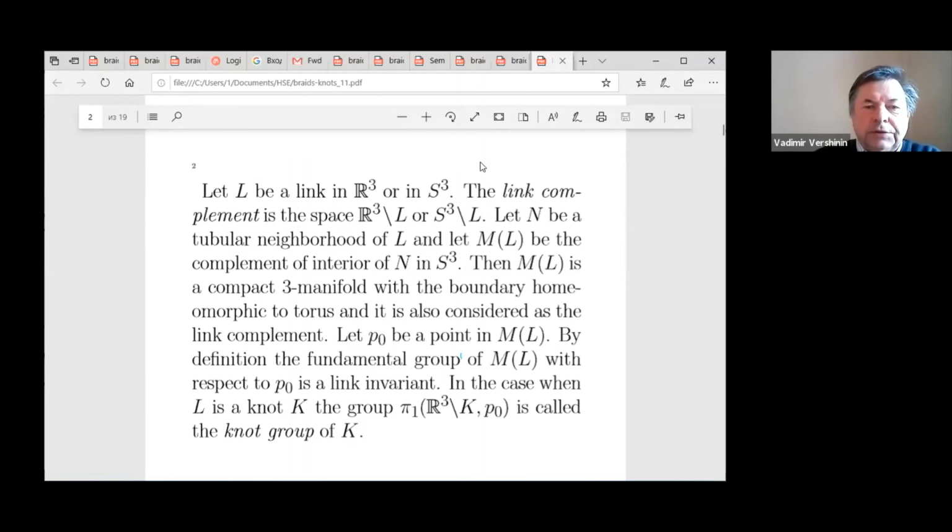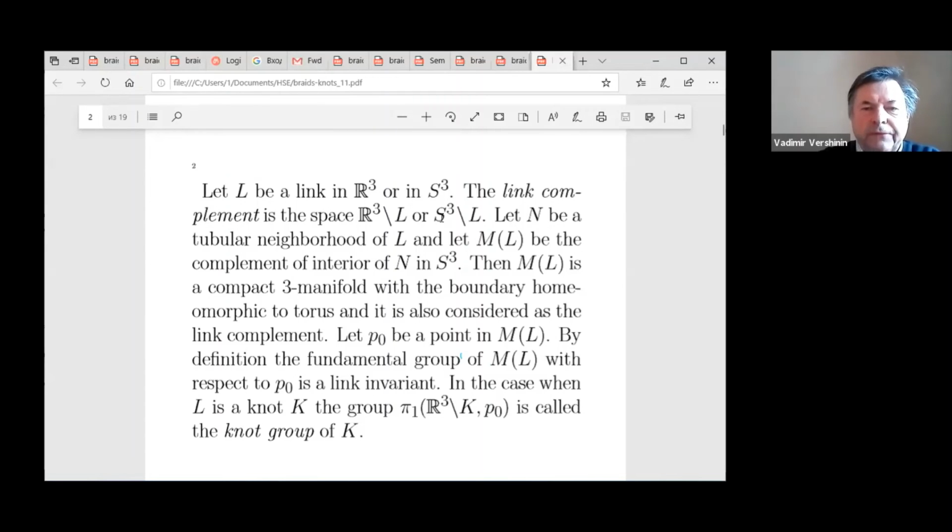So we start considering the fundamental group of a link. This is the link complement. So we start with considering a link in R3. This is the first approach, or S3, and you consider the complement, the space.